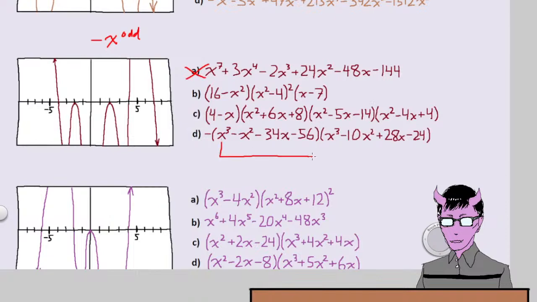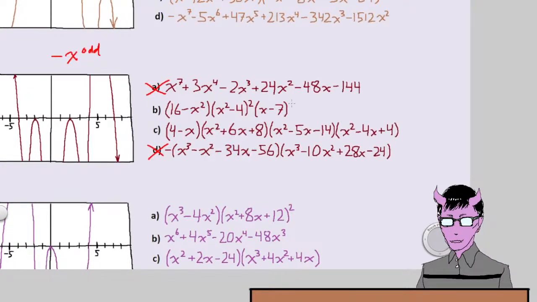Partial distribution, this one times this one yields x power 6 with a negative coefficient, but this is already wrong because according to the evaluation, it's supposed to have an odd exponent because we have the up-down motif. This, with the negative, would be down-down. So just by looking at end behaviors, we can eliminate choice A and choice D.